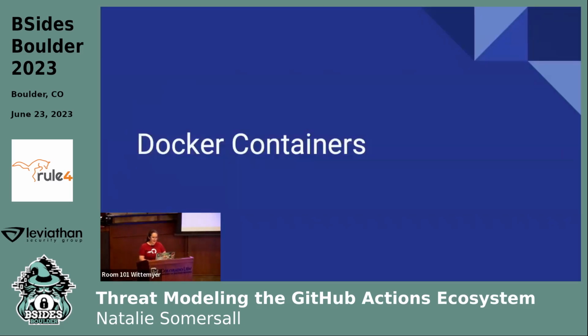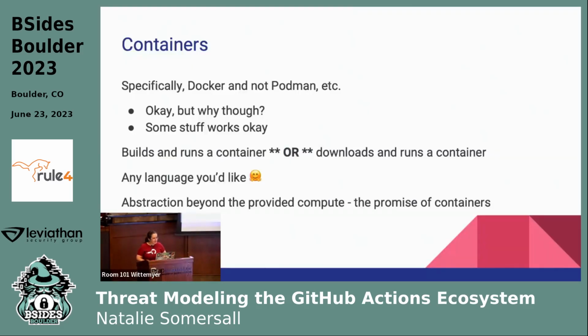I like to talk about containers. I talk about containers a lot. Specifically though, with GitHub Actions, we assume that you are using Docker, not Podman, not any of the other Ravensburger puzzle that is the CNCF landscape. And really the big thing here is that sometimes a container action can have multiple containers, and we're going to assume that those containers can talk to each other.